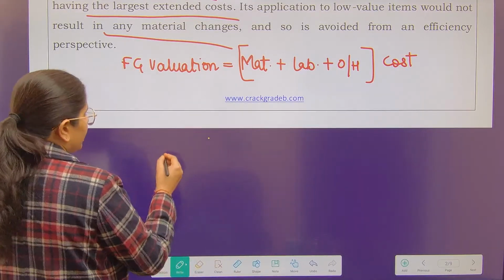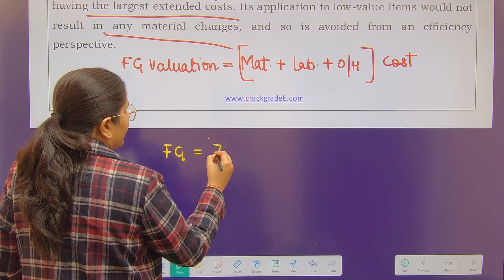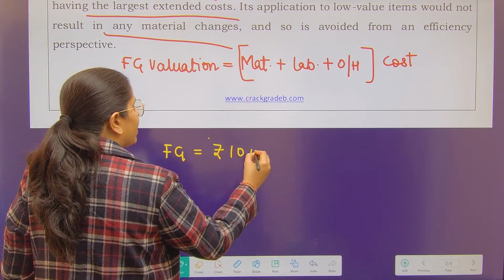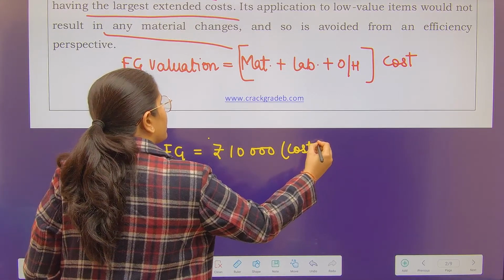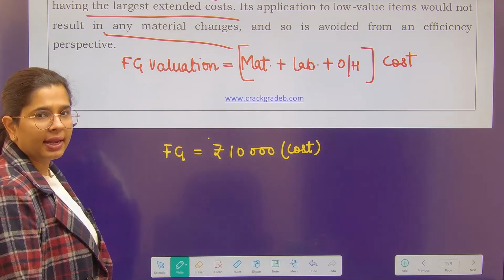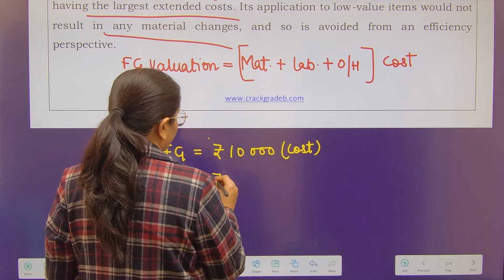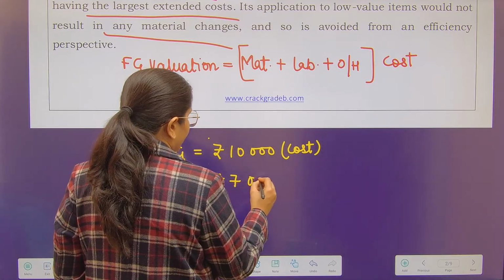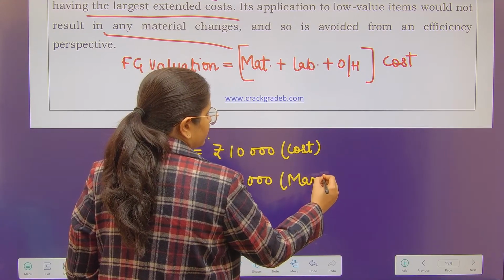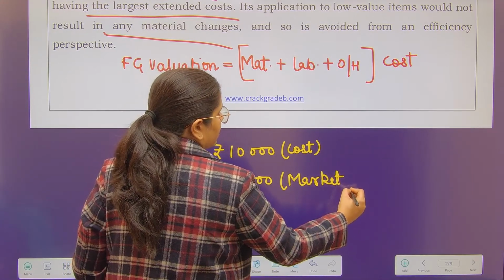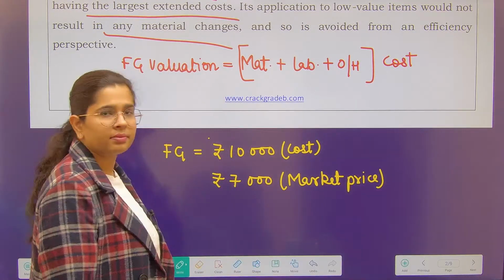Suppose there is a particular item of finished goods that is having a cost of 10,000 rupees, right? This is the cost. Now when I went to the market and analyzed what the market price of the same product is, they told me that the market price of this is just 7,000. This is the market price, right?